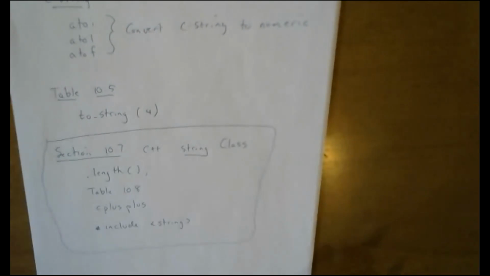Did we skip over 10.6? Yes, we did. But this 10.7, you should be pretty good with. Have a feel for everything like dot length. The one thing that we really liked back in Java was dot charAt. Dot charAt. Sound familiar?